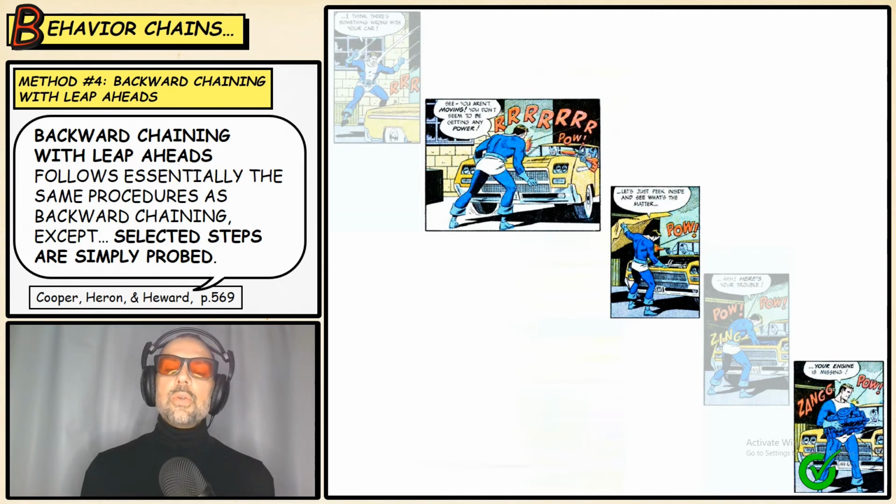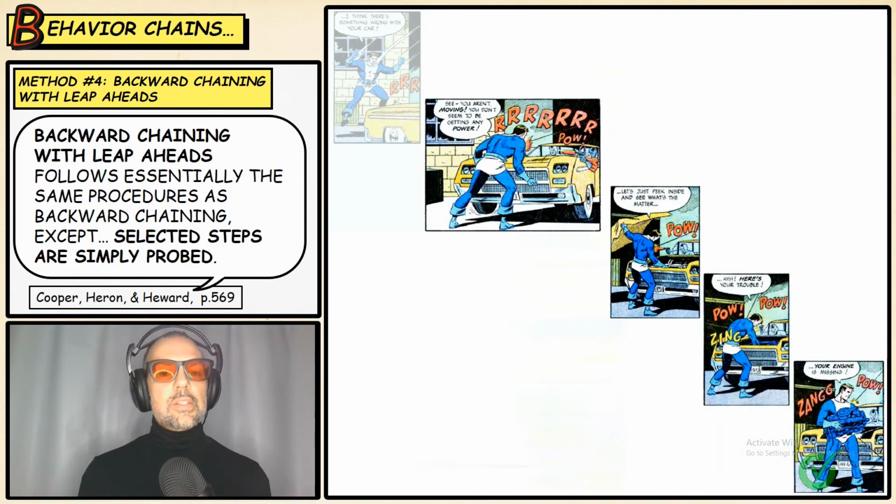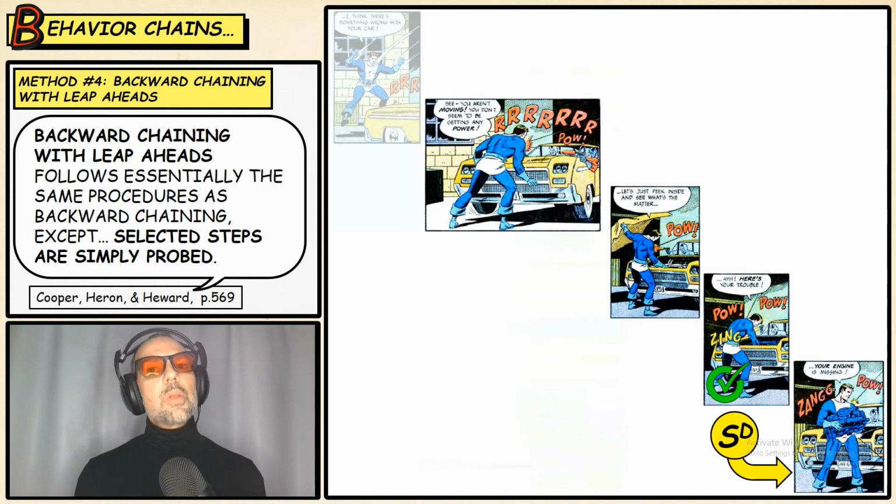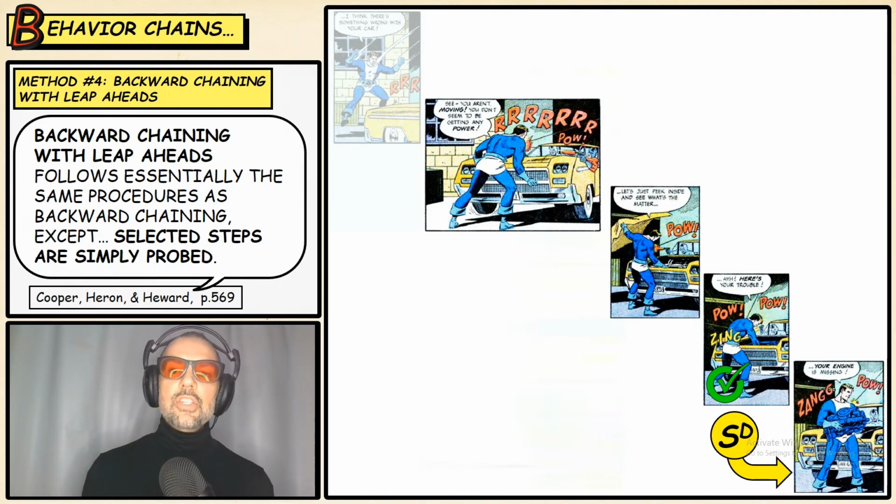And then we go to step number 4, the previous step, and we start training on step number 4. Once again, we put them in the position that they need to be in to perform step number 4. And once they get that correctly performed, they get reinforced. That produces the discriminative stimulus indicating that step number 5 can now be performed. They perform step number 5, completing the behavior chain.